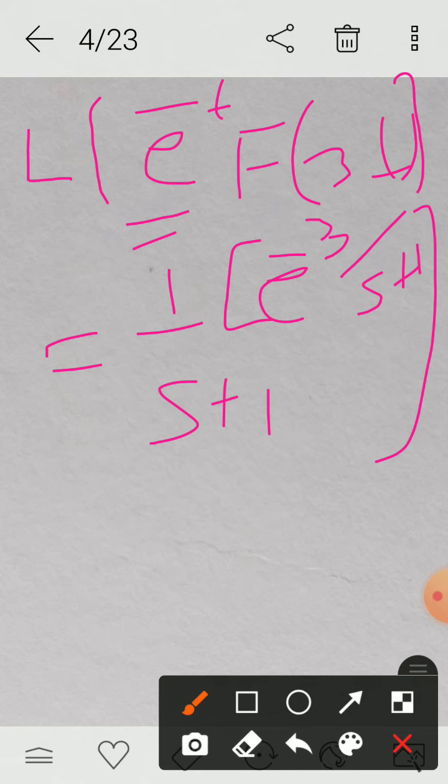This we can prove by using the change of scale property, which is the last property of Laplace transform.